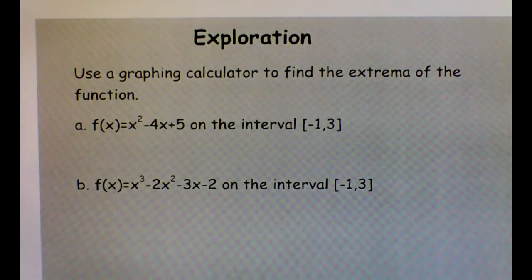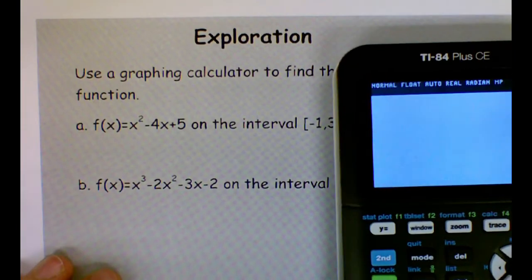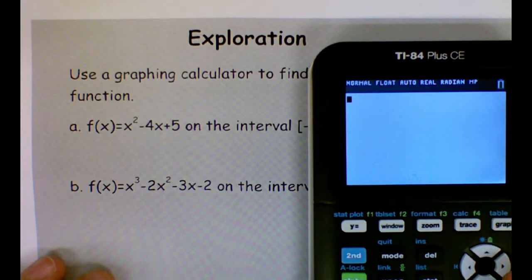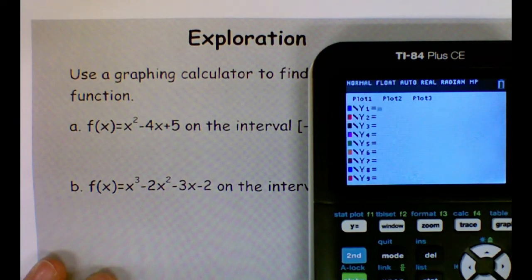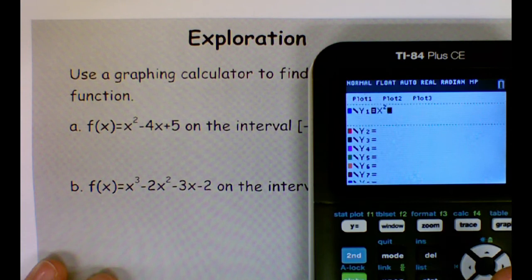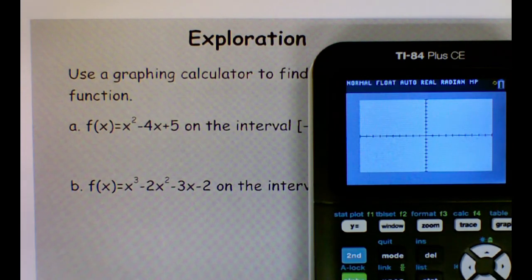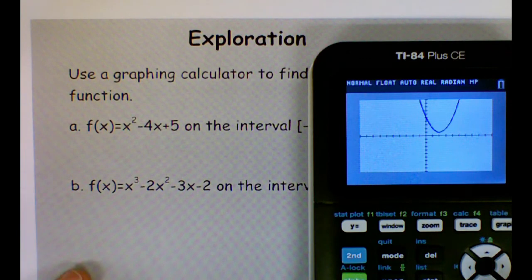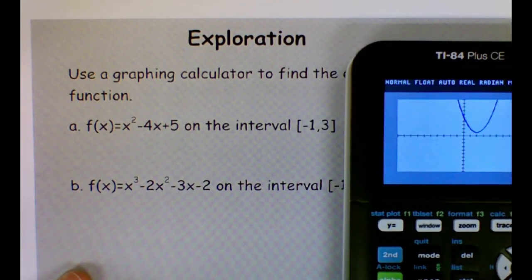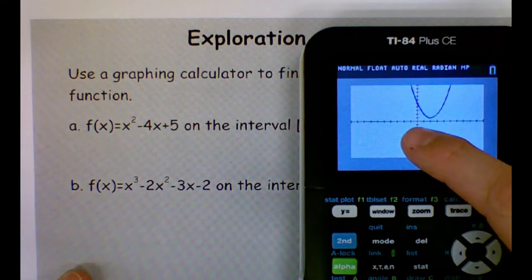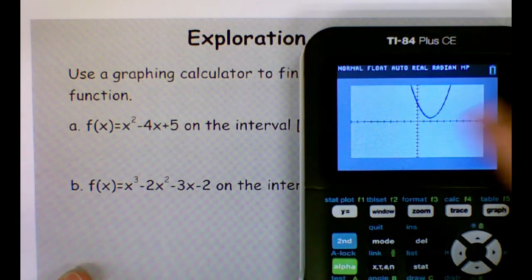So, using a graphing calculator, we're going to find the extrema of this function. So we take out our handy-dandy graphing calculator, and we say, all right, y equals x squared minus 4x plus 5, graph it. Cool. I'm on the interval -1 to 3. So I only care about -1 to +3.